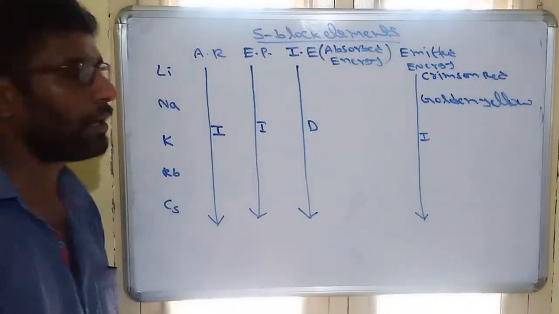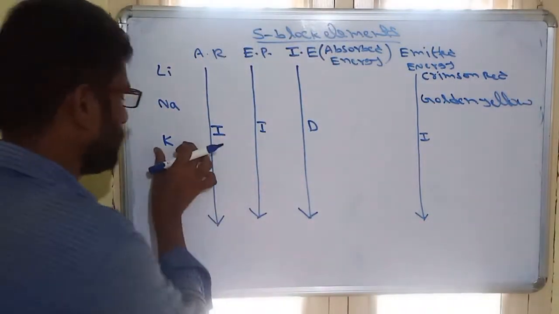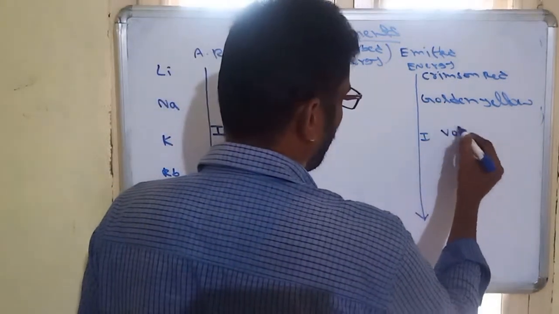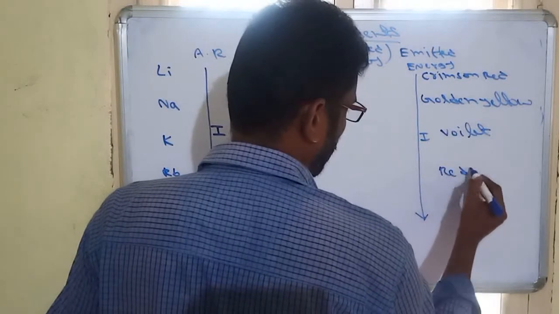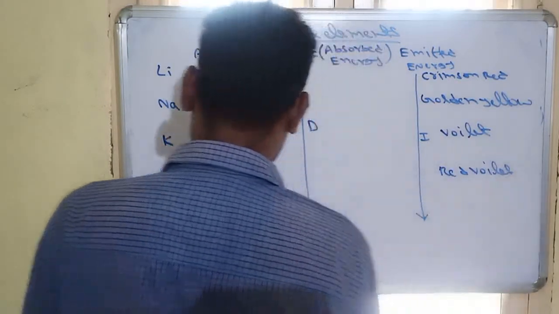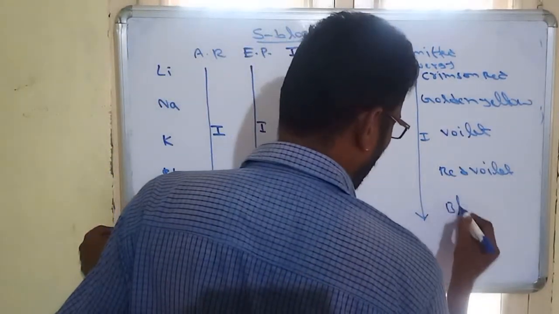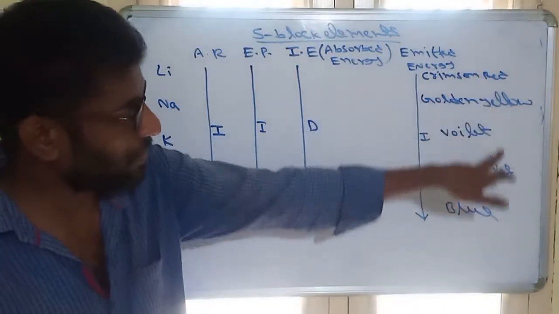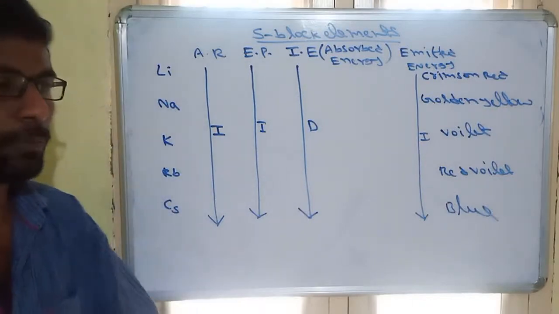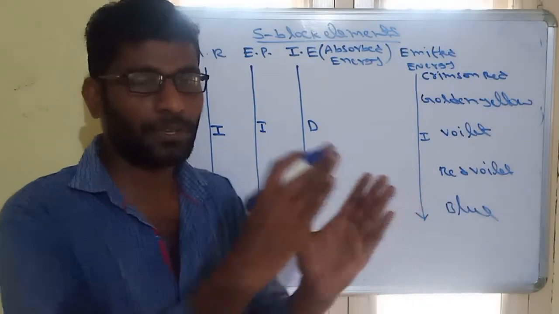Potassium shows violet color. Rubidium shows red violet, whereas cesium shows blue color. So top to bottom, red changes to blue.